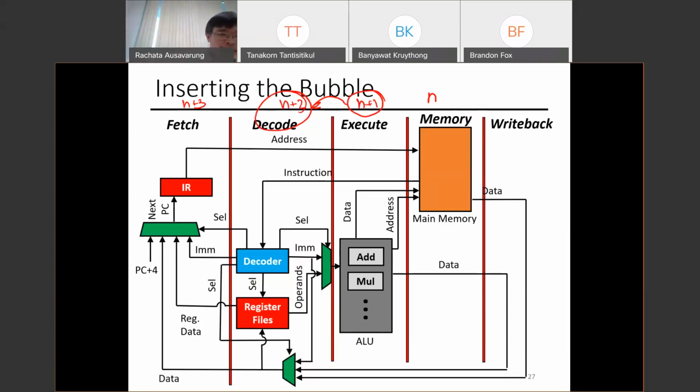The next cycle, I'm going to write it in green color. Basically, you move n to write back. You move n plus 1 from execute to memory. This thing becomes a bubble, and then n plus 2 and n plus 3 stay there.